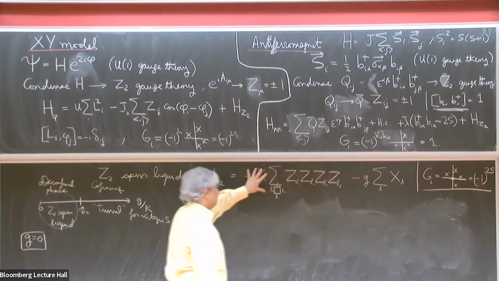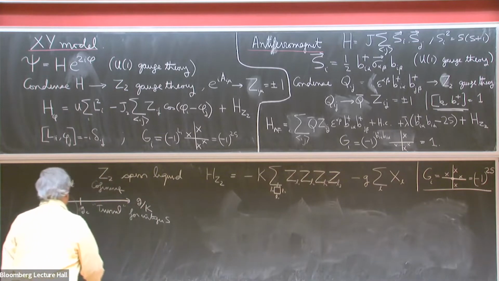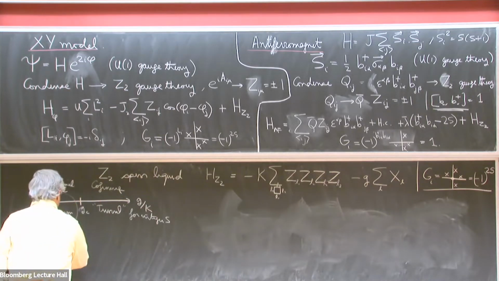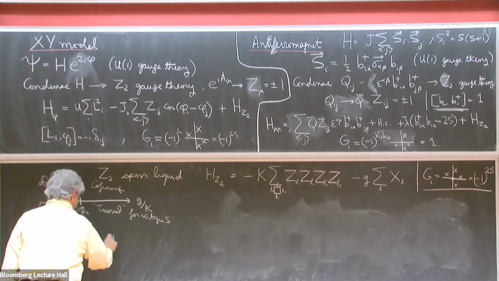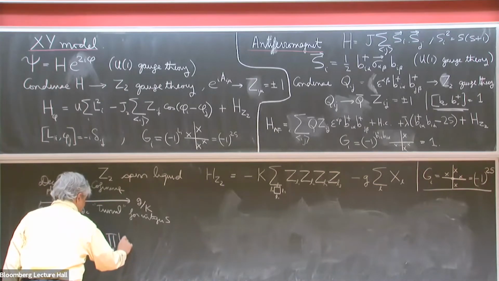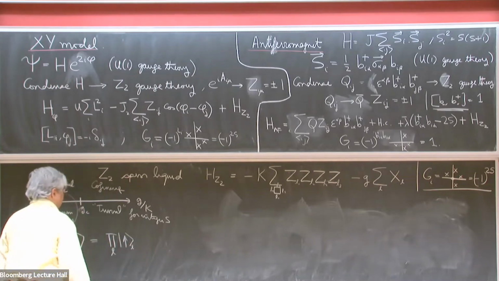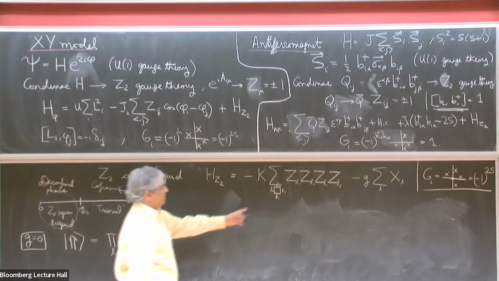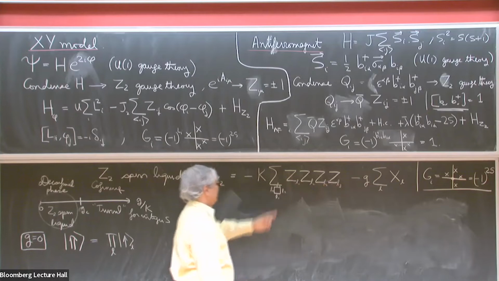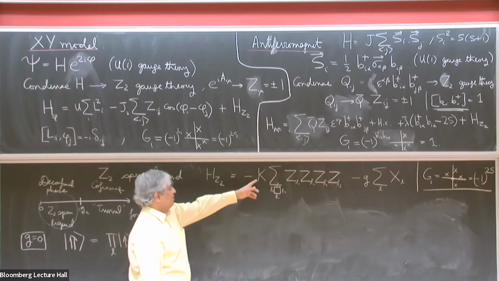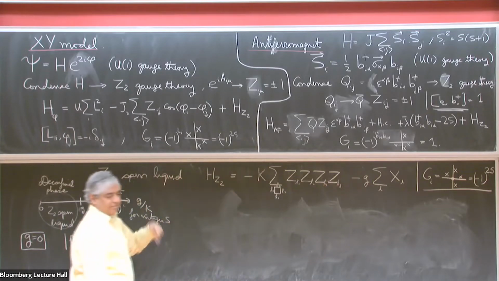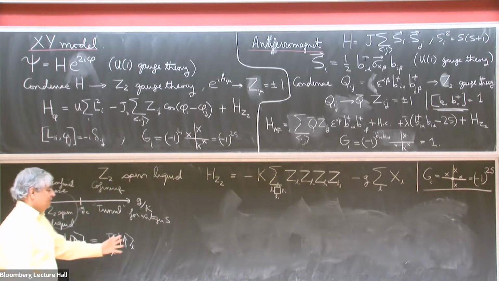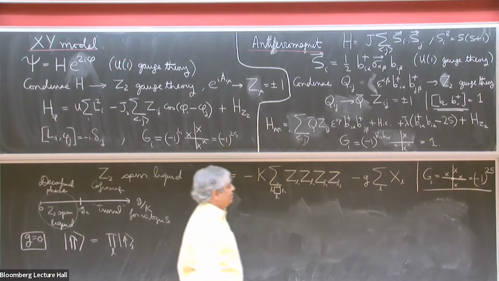You want to take a state, which I'll call all spins up, which is just the product on all the links of the spin up state. So if I take that state, then this just gives you 1. It's an eigenstate and has energy minus k on every plaquette, so it is one of the ground states.